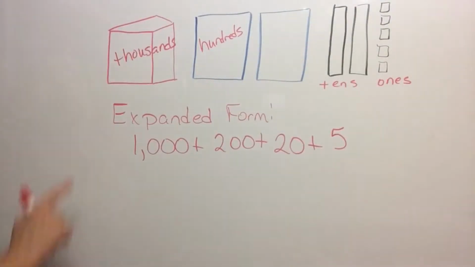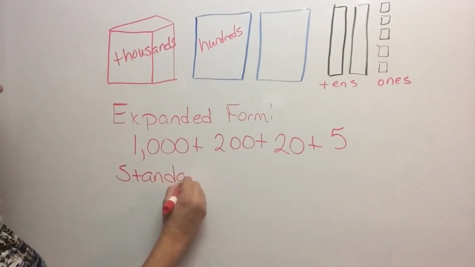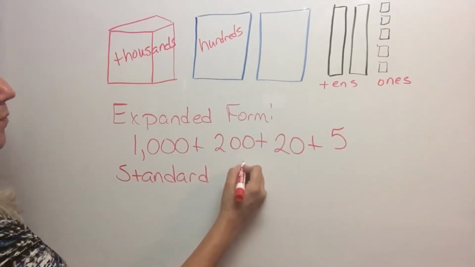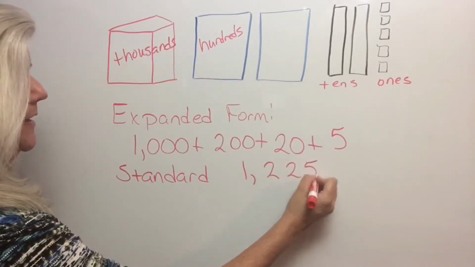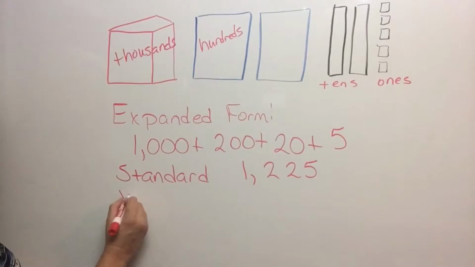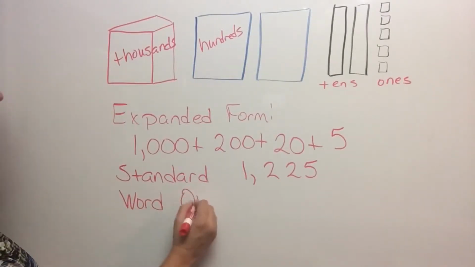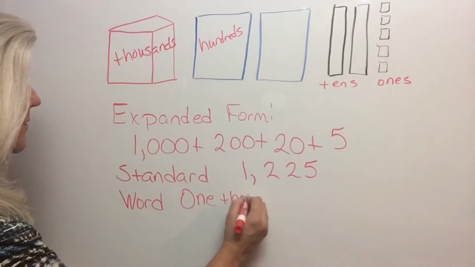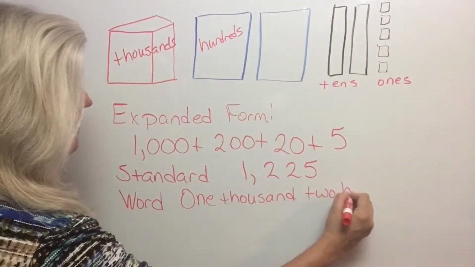Now we're going to write this number in standard form. Standard form is written 1,225. Next, I'm going to write it in word form. 1,225.